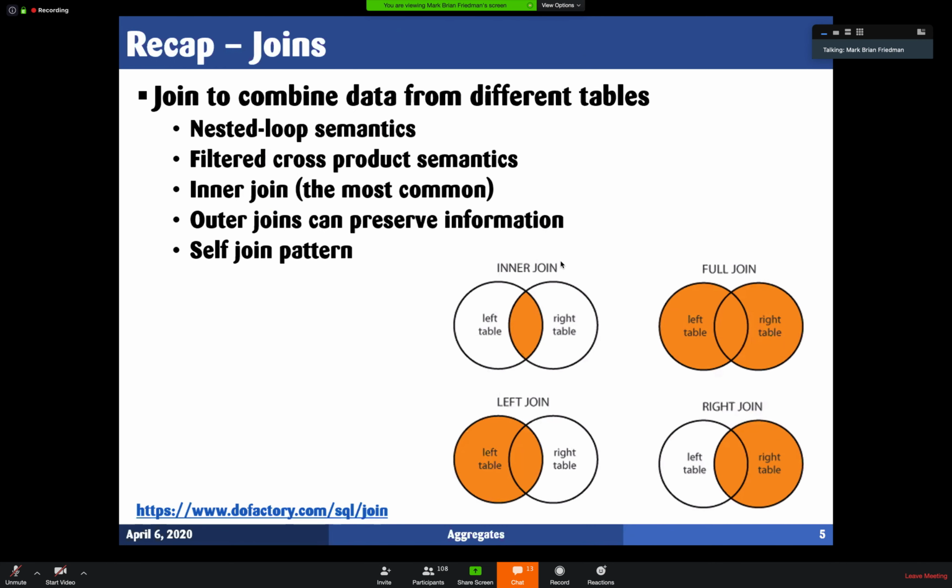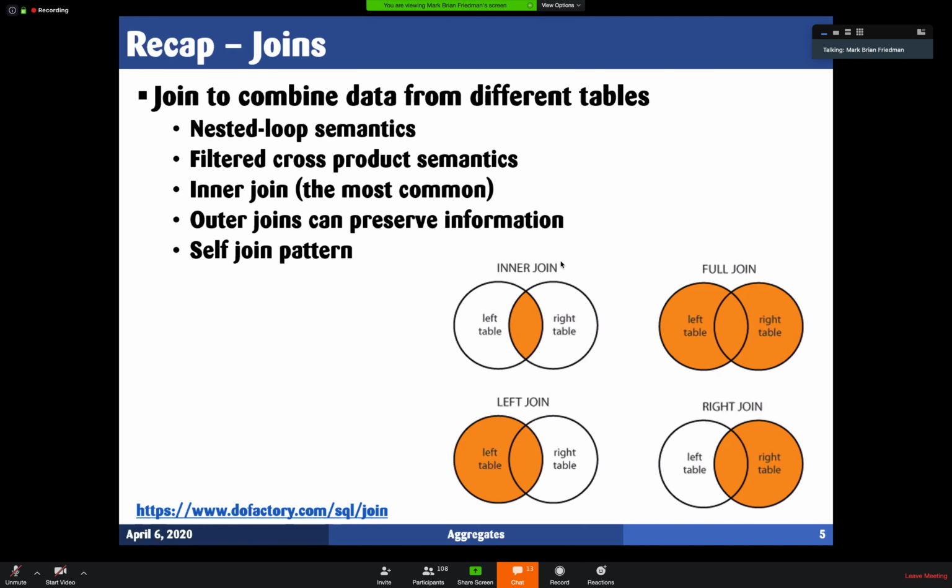When you have data that you need to get from multiple tables, because the relational model encourages this kind of layout of data, and we'll look into the algebra behind that in a couple of sessions, we execute a join to combine the data from those different tables. Different kinds of joins: you see an inner join, a left join, a right join, or left outer join, or right outer join.